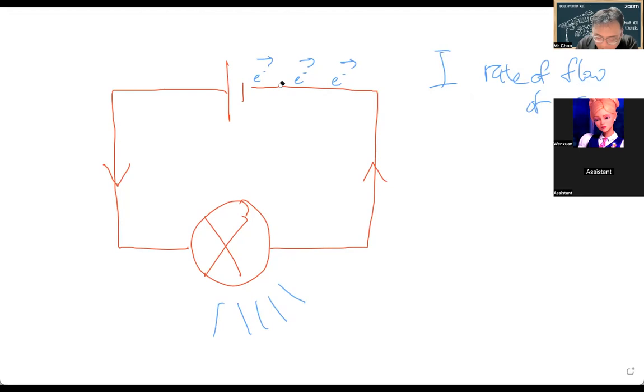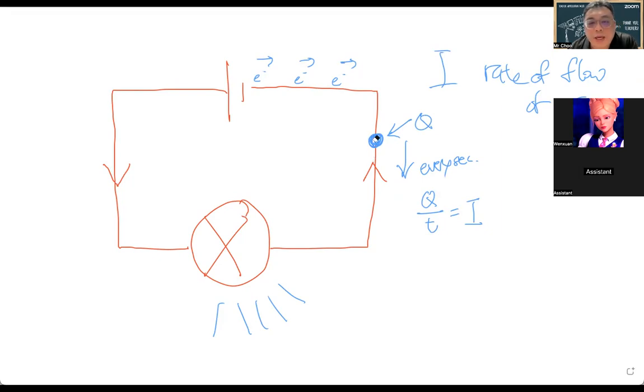You're looking at this point to see how much charge goes through this point every second. Therefore you get Q divided by T, and that is your current. So your current measures how much charge flows through this point in one second.